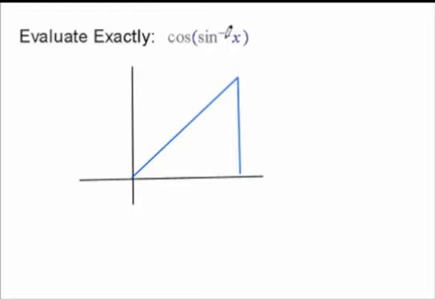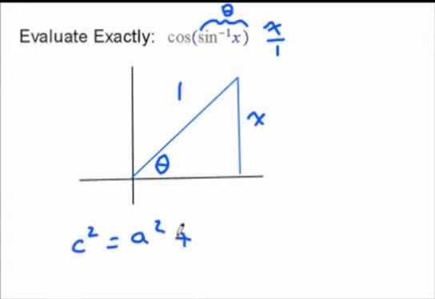Sine is opposite over hypotenuse, and we can write this as x over 1. This is our angle theta, which would be sine inverse. The opposite would be x, the hypotenuse would be 1, and we need to find the third side. We can use the Pythagorean theorem, c squared equals a squared plus b squared.